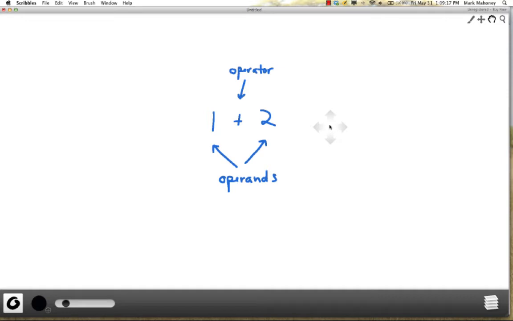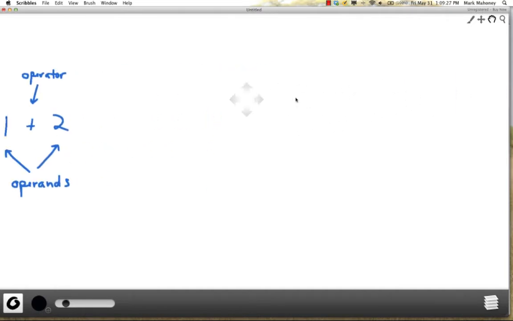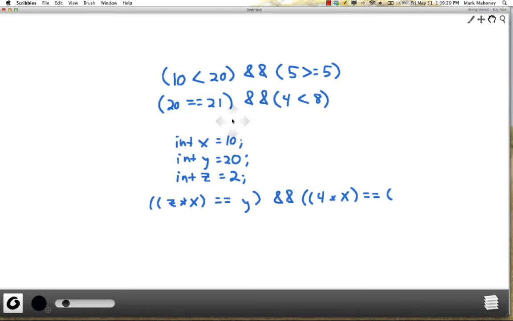With the AND operator, both operands must be true in order for the whole expression to evaluate to true. In other words, the operands are going to be logical expressions themselves. So here's an example. We can ask, is 10 less than 20?